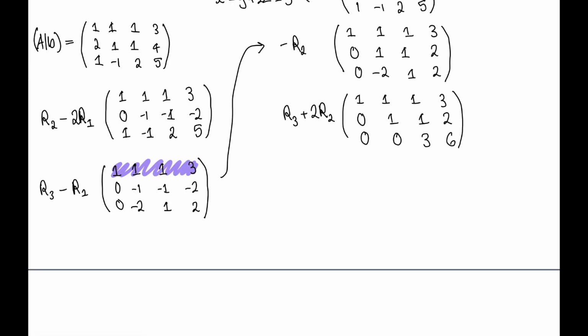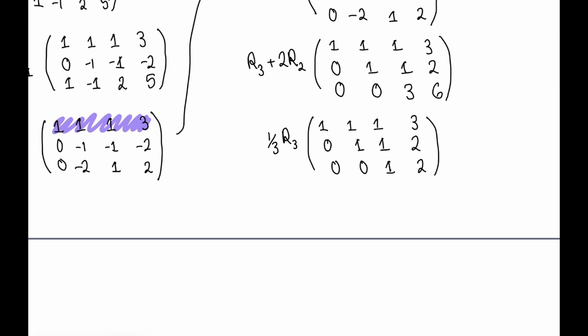Now we ignore row 1 and row 2, and the leftmost column which is not all zeros is this. This 3 we need to make into a 1. In order to do that, we take 1/3 of row 3. So we have 1, 1, 1, 3, 0, 1, 1, 2, 0, 0, 1, 2.